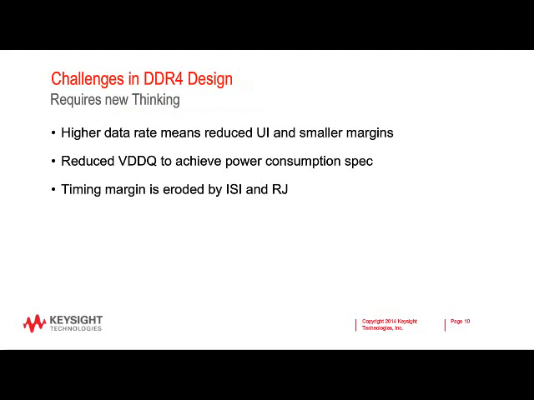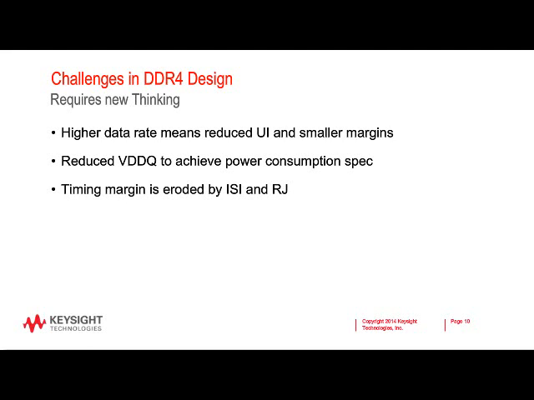So this is challenging. It requires new thinking. And it's driven by the fact that DDR4 is the first generation of DDR where this has come in. The reason is that the higher data rate means the unit interval is much smaller and the margins are much smaller. We can't just pad for RJ anymore.